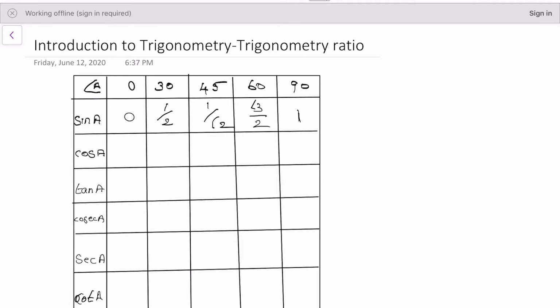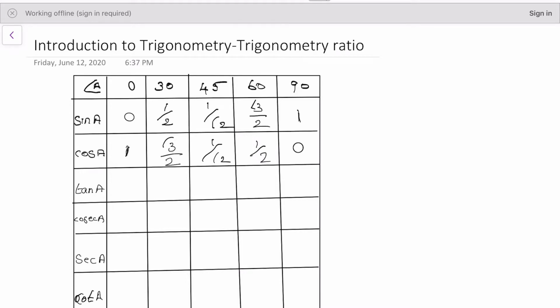The value of cos A decreases as the angle increases. I'll write it in the reverse order. Cos 0 is 1 and cos 90 is 0. Cos 60 is 1 by 2, it is vice versa. And cos 45 is 1 by root 2.